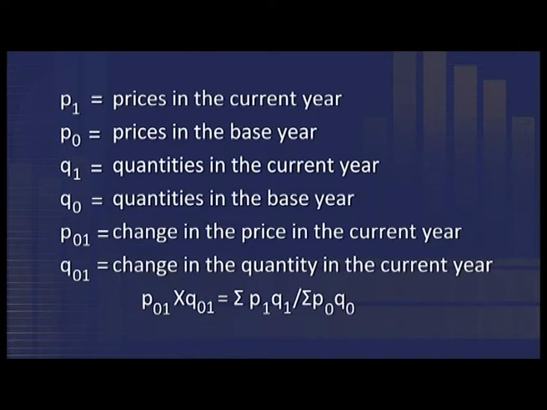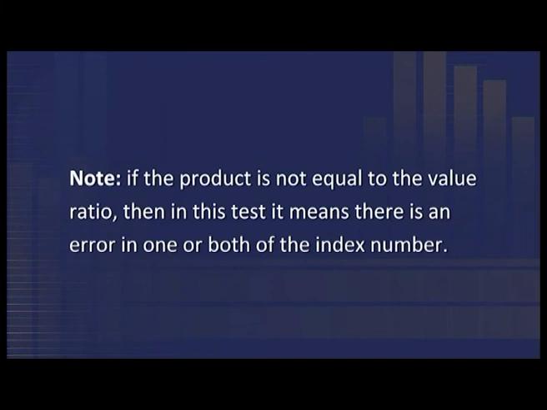Then the product of P01 and Q01 is equal to the value ratio, summation of P1 Q1 by summation of P0 Q0. Note, if the product is not equal to the value ratio, then in this test it means there is an error in one or both of the index numbers.